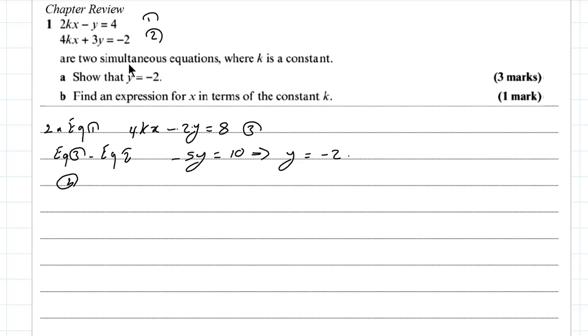Okay, I will take the value of y here and substitute it in the first equation. So I can write here 2kx equals 4 plus y, because I will move negative y here with a positive sign, but y is negative already, so it will be 4 minus 2, which is 2. I can cancel this 2 to be 1 here, divide by 2 here, divide by 2 here, and then x can be represented as 1 over k.